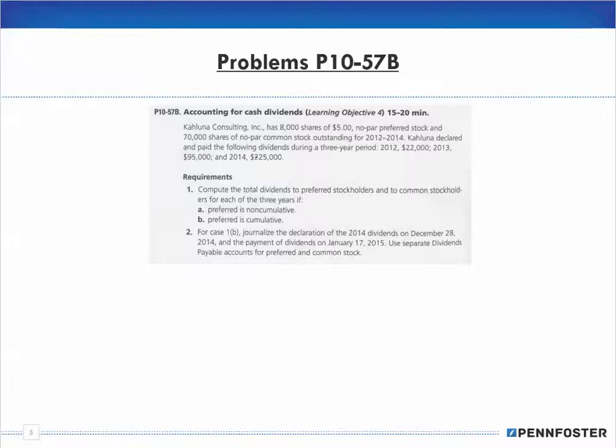Kaluna declared and paid the following dividends during a 3-year period: $22,000 for 2012, $95,000 for 2013, and $225,000 for 2014. A. Compute the total dividends to preferred shareholders and to common stockholders for each of the 3 years if preferred is non-cumulative and if preferred is cumulative.